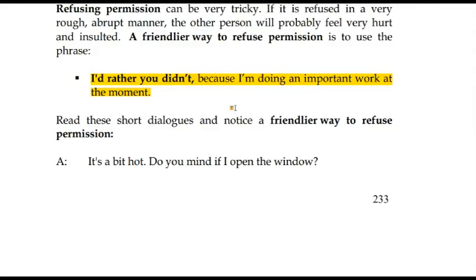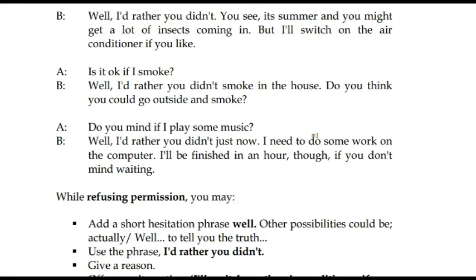Now there is another dialogue which will familiarize you with further expressions that you can use to refuse permission in a friendly way. Individual A is asking, it's a bit too hot, do you mind if I open the window? B says, well, I would rather you didn't.